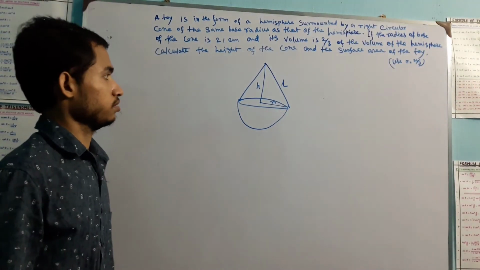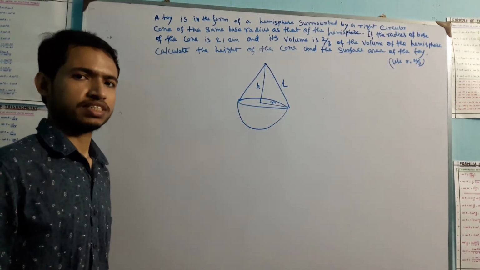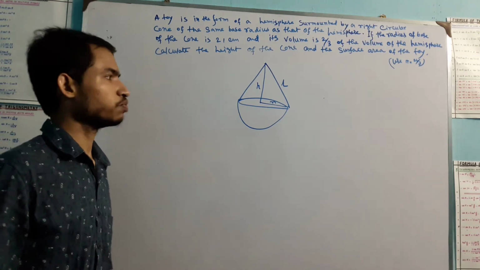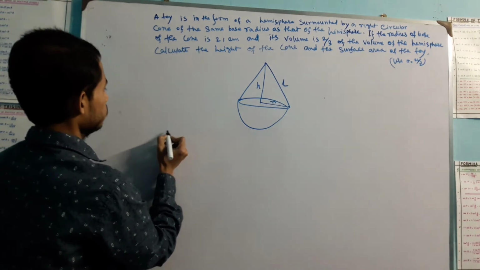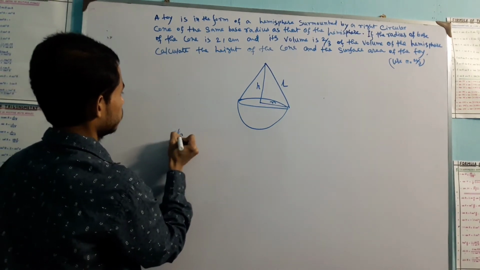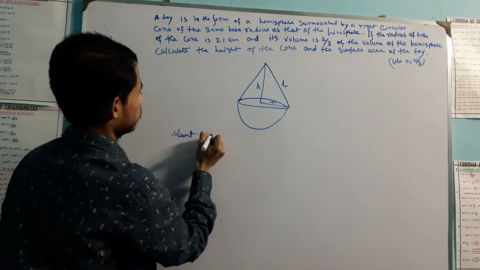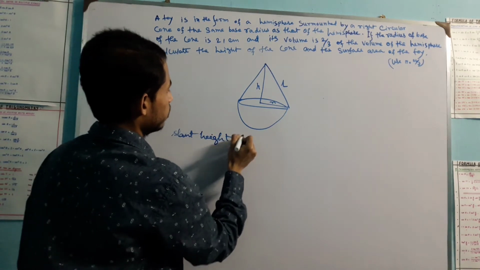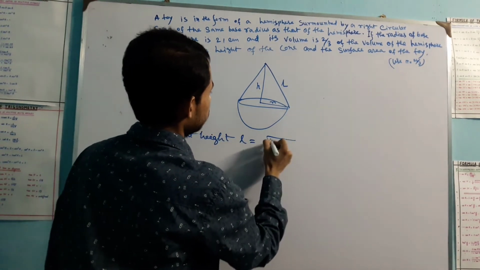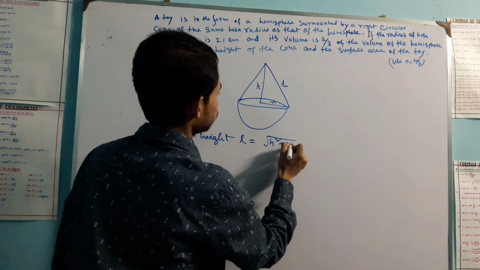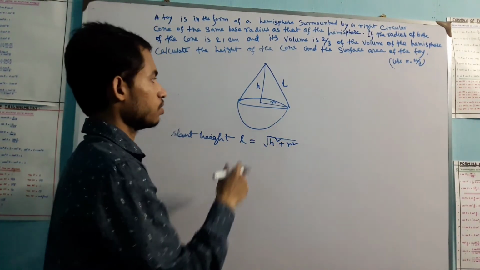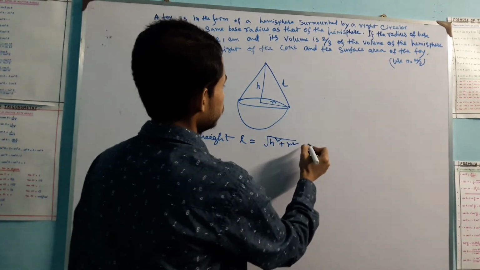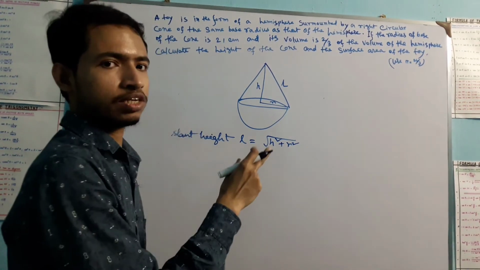Next, because we need to find the surface area of the right circular cone, we need to find the slant height at first. So the slant height a is given by the formula square root of h squared plus r squared, where h is the height of the cone and r is the radius of the base. You know this formula comes from the Pythagoras theorem.